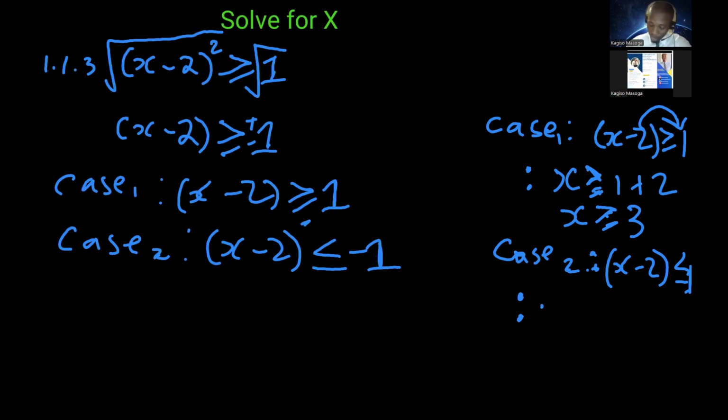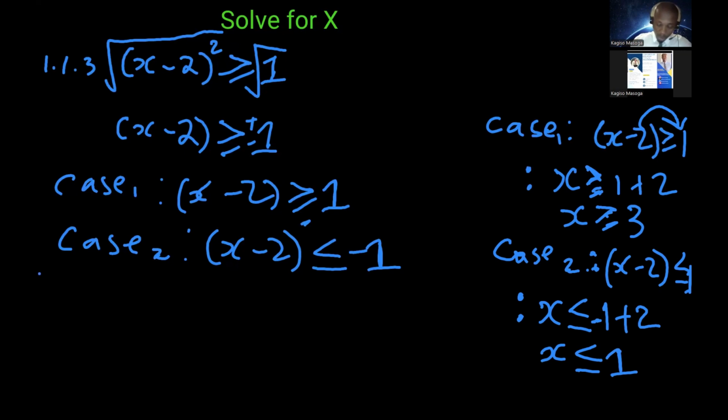So x is less than or equal to negative 1 plus 2, which is x less than or equal to 1. So we have these two values here.